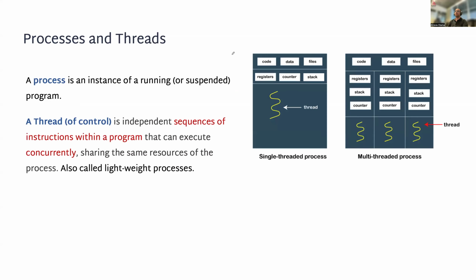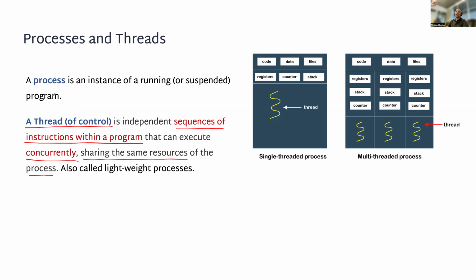All right. So with the process, we can define a thread, or a thread of control. A thread of control, as I defined here, is an independent sequence of instructions within a program that can execute concurrently, and they share the same resources of the process.